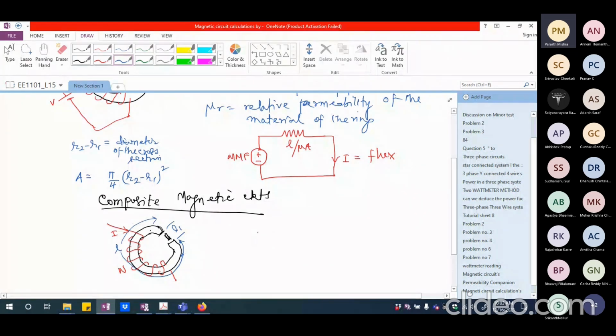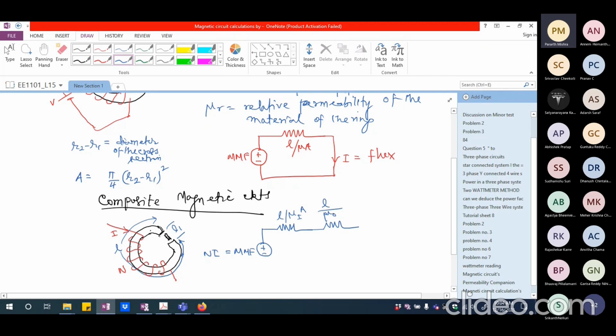If I now try to draw the equivalent circuit, I should have the same MMF, which is N times I. But this is going to have two reluctances, one corresponding to the reluctance of the ring, which is L divided by mu of iron multiplied by area. And the second portion is corresponding to the air gap, where I have to write L divided by mu naught.